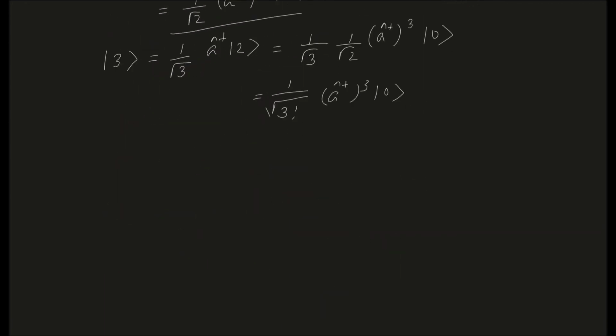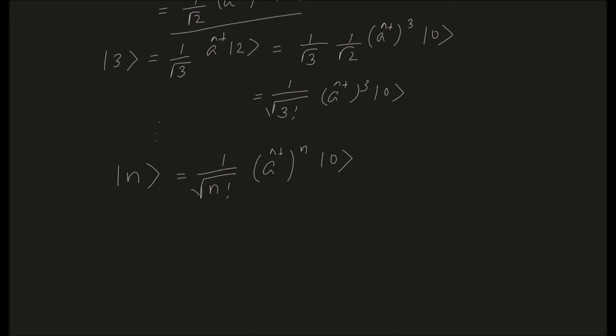If you generalize this, you can show that any state n is given by 1 by square root of n factorial, a dagger raised to n, acting on the 0th state.